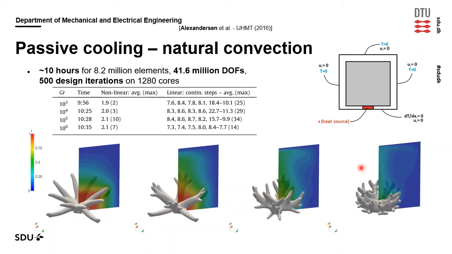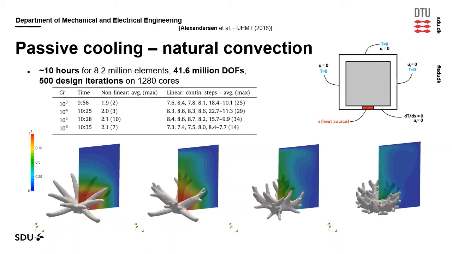These results are obtained using a large-scale three-dimensional framework, done using parallel computing because we have very large problems of several million degrees of freedom. It takes around 10 hours on a small supercomputer of 1280 cores, because we need to do 500 simulations in this iterative design process in order to reach these final designs down here.